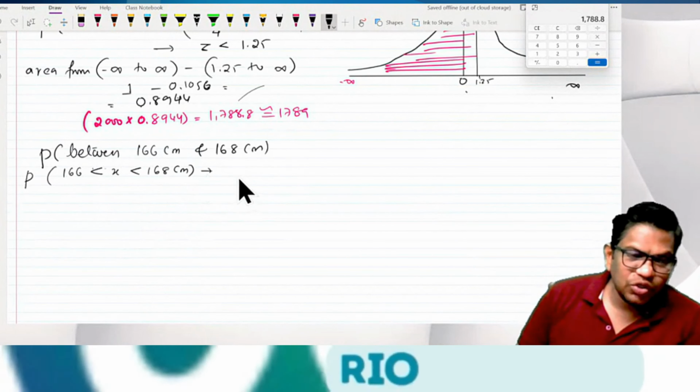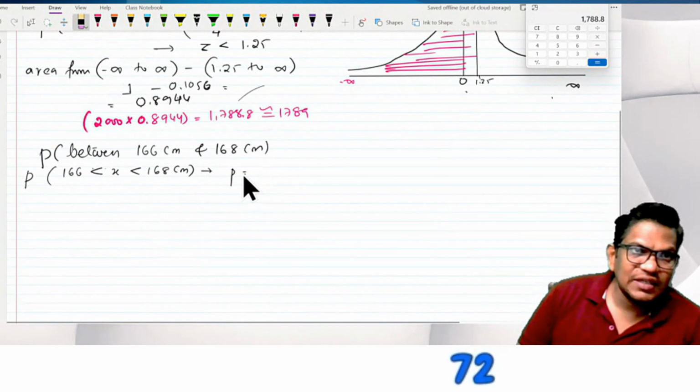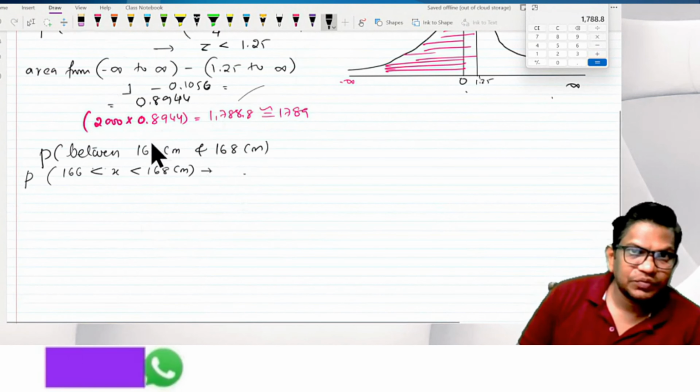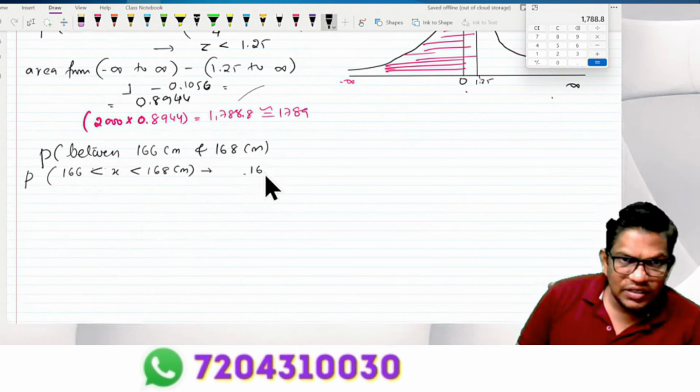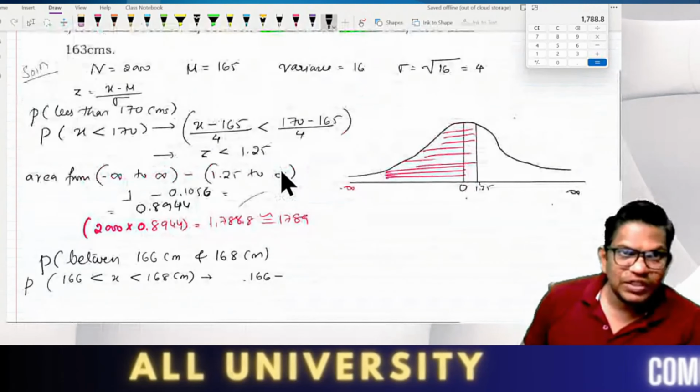चलिए solve this now. Let's solve this बच्चों. Z is equal to, what do we get? 166 minus, sorry, mu is 165, है ना?